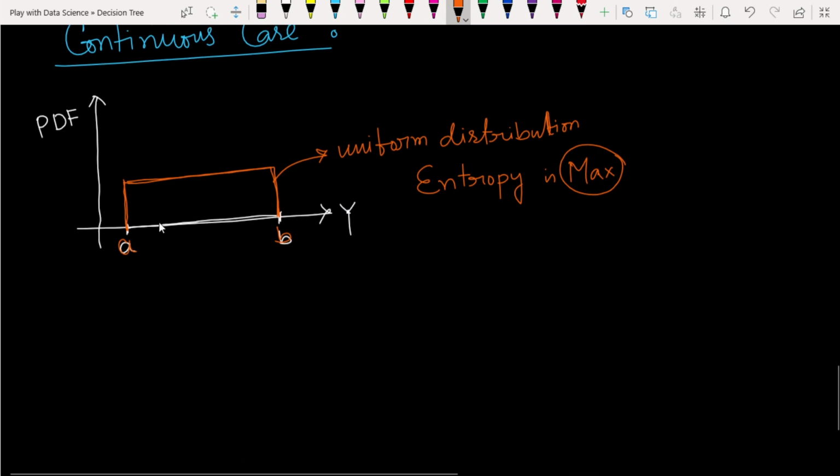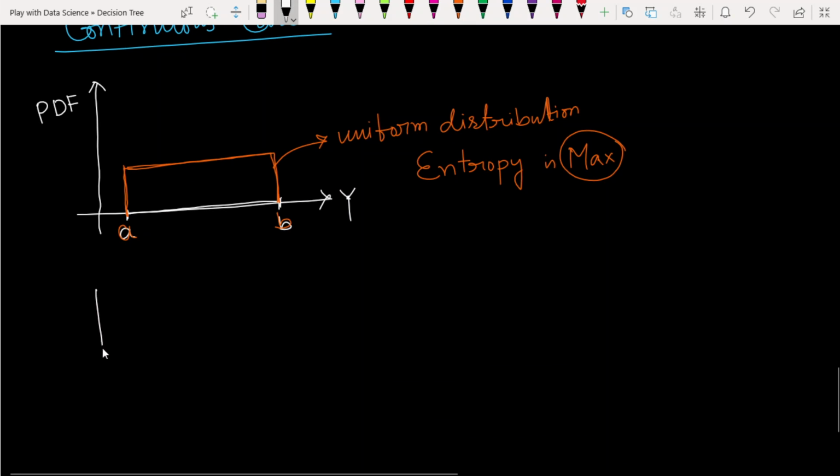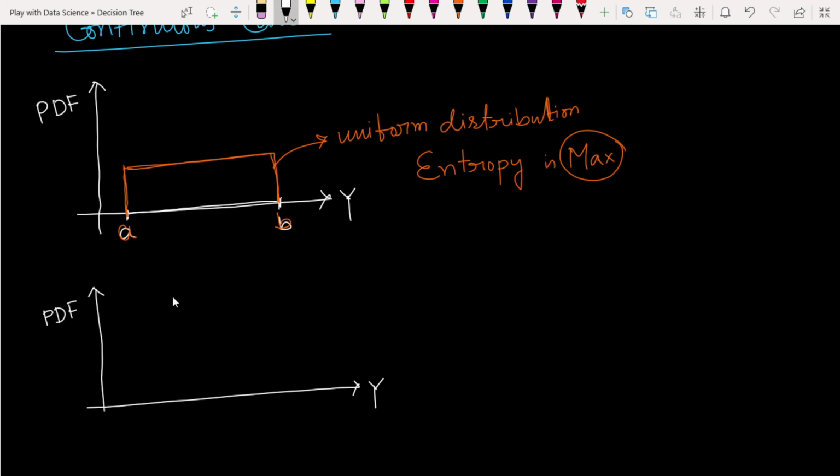Now let's consider another case. This is the random variable y and its probability density function. Suppose one random variable, which I have drawn in pink, is a Gaussian distribution spread out more in this region, lying between a and b.